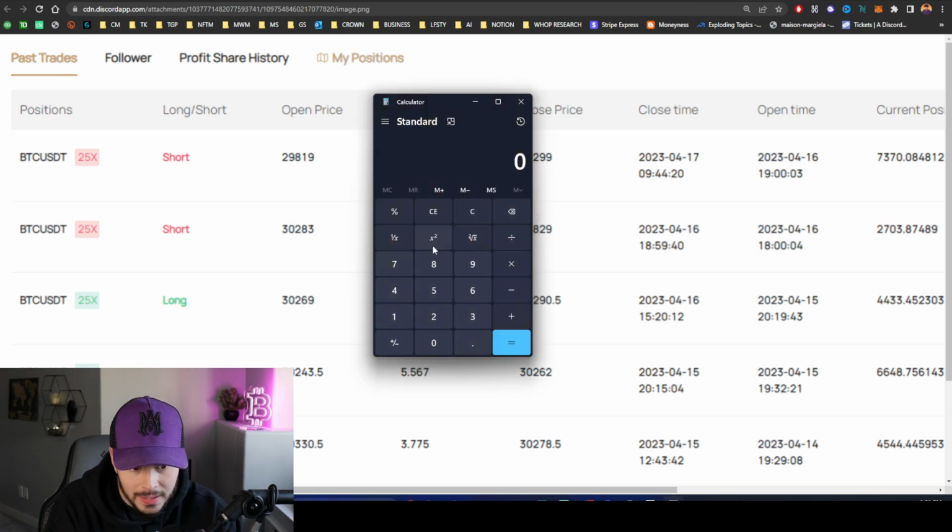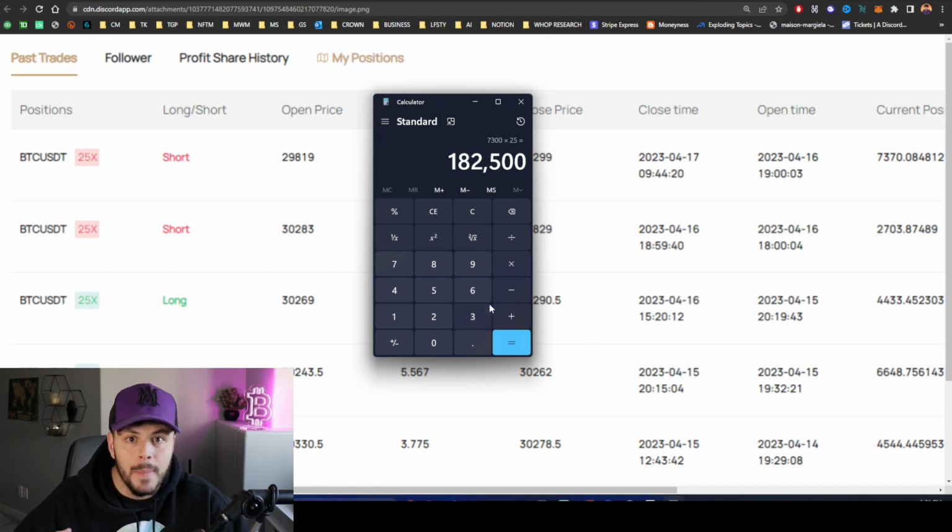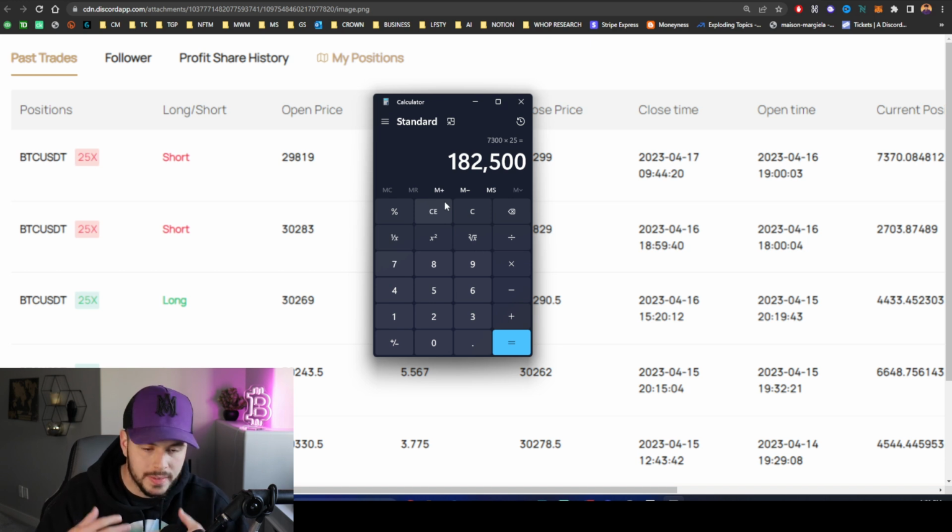So that would be 7,300 times 25. Now my position is worth 182,000. Holy shit, right? Your mind is probably blown. Even with just $7,300, I can trade like I'm trading at 180K and I'm like a whale, right?